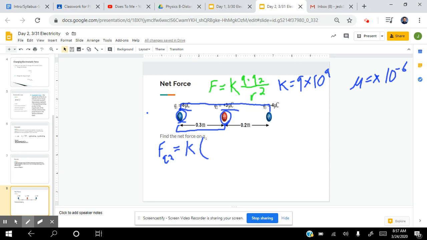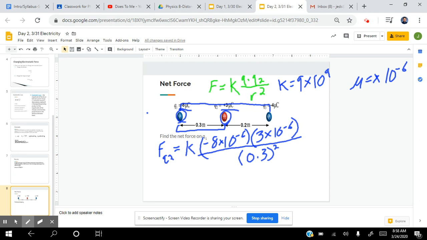So in this case, we will have -8 times 10 to the -6th times 3 times 10 to the -6th. We're going to be dividing that by the radius between them squared. Now the radius between these two is going to be 0.3 meters. And that's already in meters, and that's what we wanted, so that's perfect.